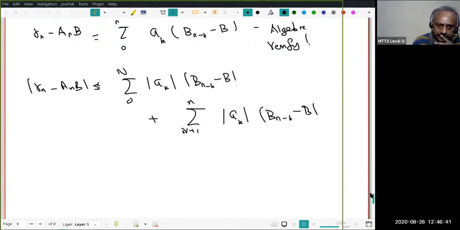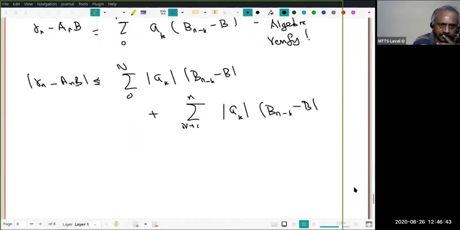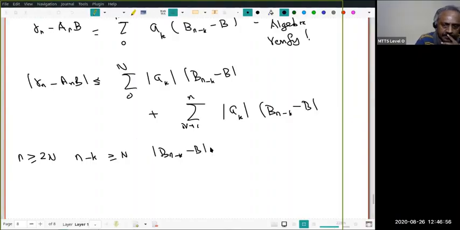You understood this? Right. Now since n is greater than or equal to 2N, n minus k will be greater than or equal to N. Therefore, mod (b_{n-k} minus b) will be less than epsilon by 2 alpha. You understood that?